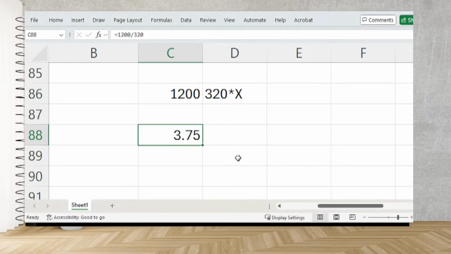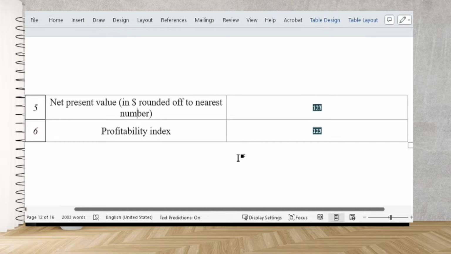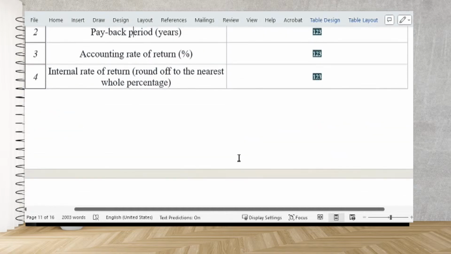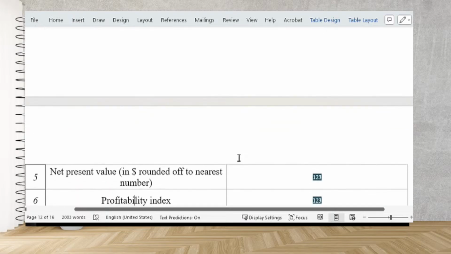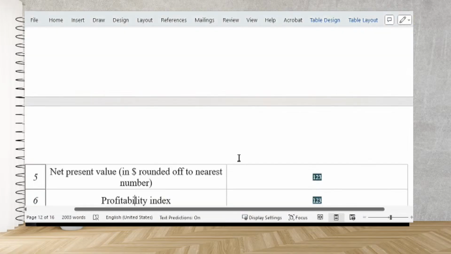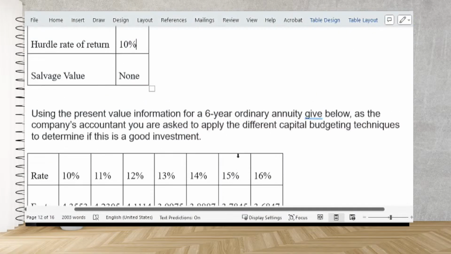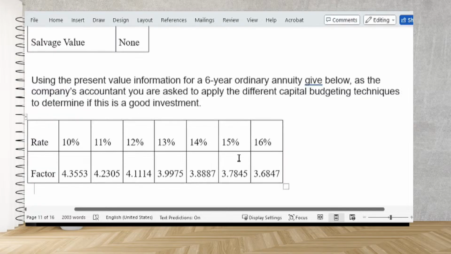Then net present value. So net present value is basically 320, and we need to consider the hurdle rate. The hurdle rate is 10%. So for 6 years at 10%, the factor is 4.35.